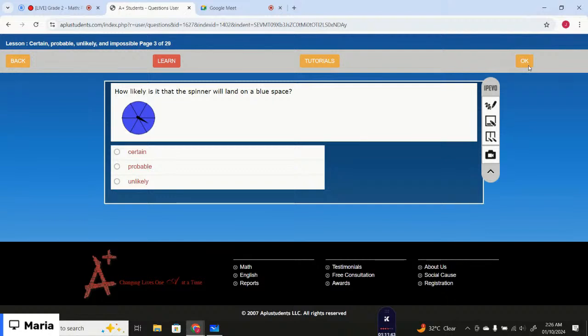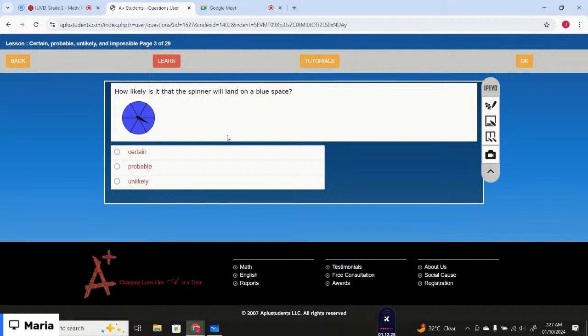How likely is that the spinner will land on blue space? The correct option is certain, right?